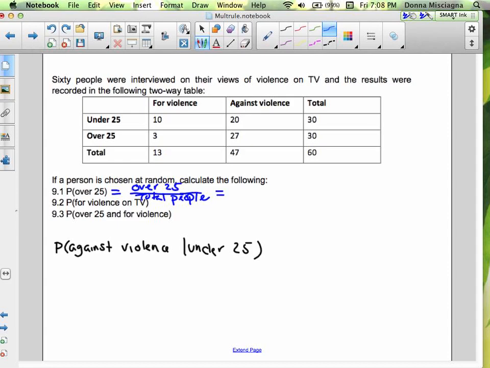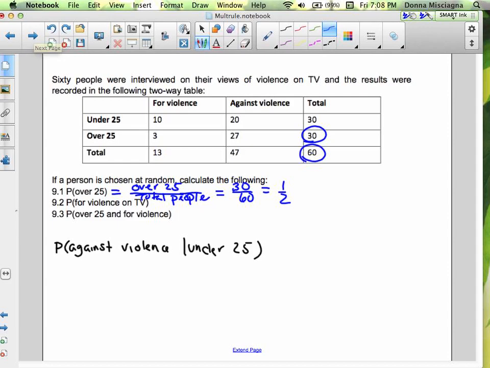So there were 30 people that were over 25. There are 60 total people. So half the people were over 25. Makes sense because there were 30 under 25, right? Half and half. The probability you were for violence on TV.